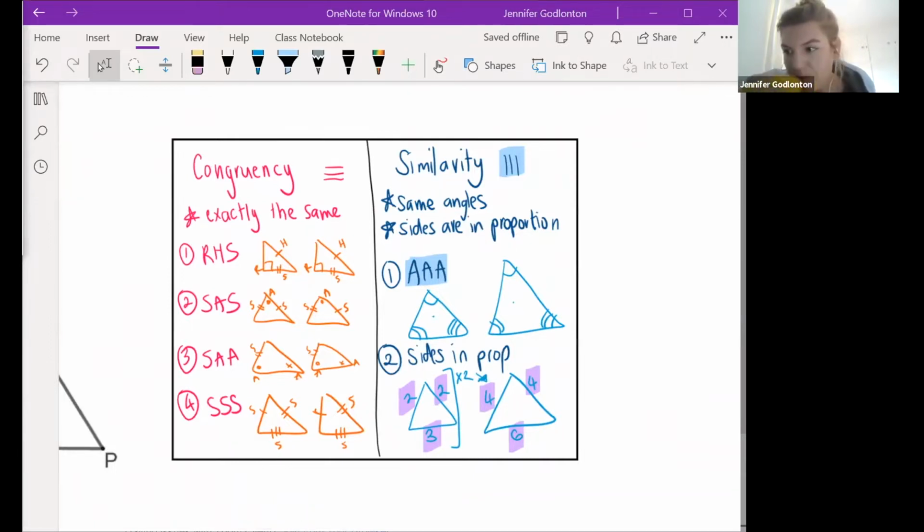Can I just ask, when the sides are given a measurement, do we need to write the reason SSA or SSS, or could we just say given as the answer? It depends on how the question was asked to you.